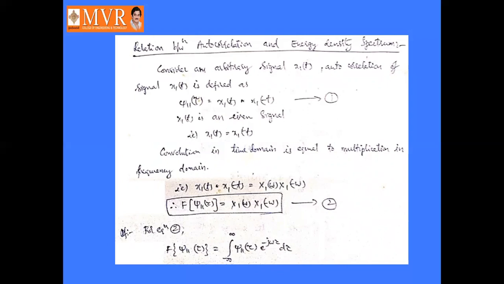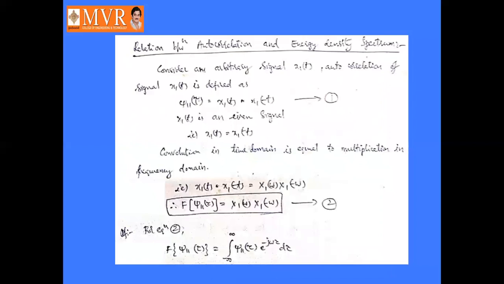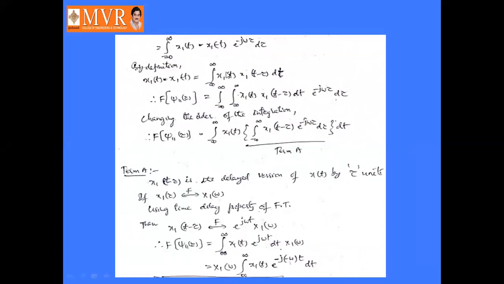So let us prove this. The Fourier transform of J11 of tau is equal to integral from minus infinity to infinity J11 of tau e power minus j omega tau d tau, right? According to equation number 1, J11 of tau is x1 of t convolved with x1 of minus t, so this is x1 of t convolved with x1 of minus t into e power minus j omega tau d tau.